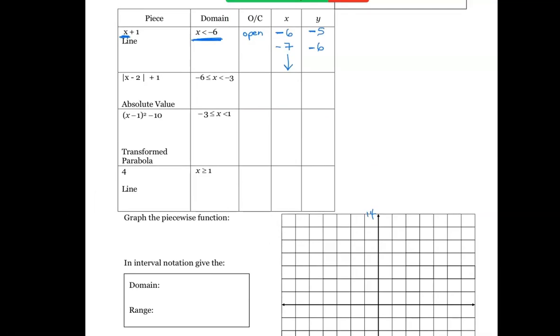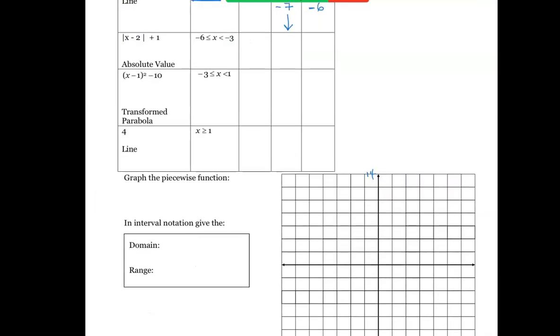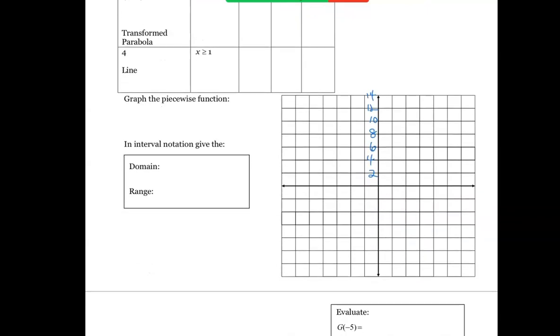-6, -5. Oh, I'm going to tell you right now, you have to go by 2's for the y. 2, 4, 6, 8, 10, 12. Because if you look at it in totality, you're not going to be able to get your y's on here unless you go by 2's. So I'm going by 2's. The x's will fit fine.